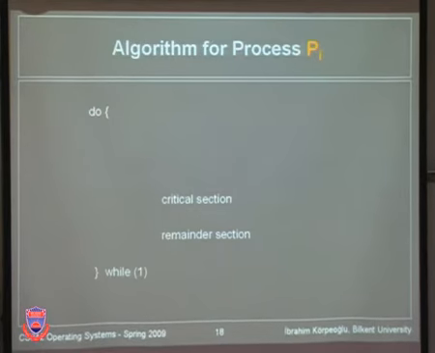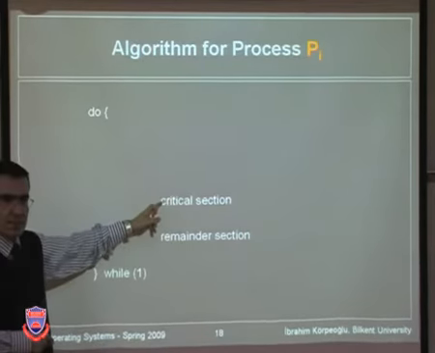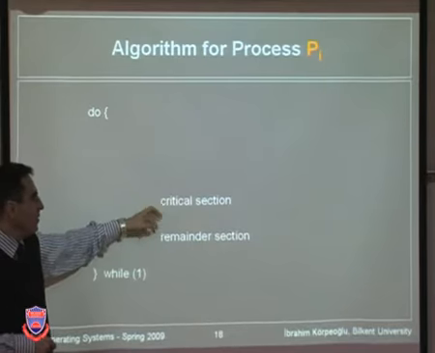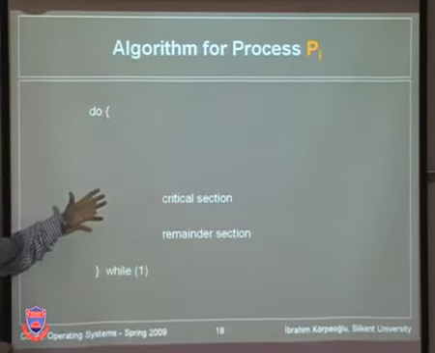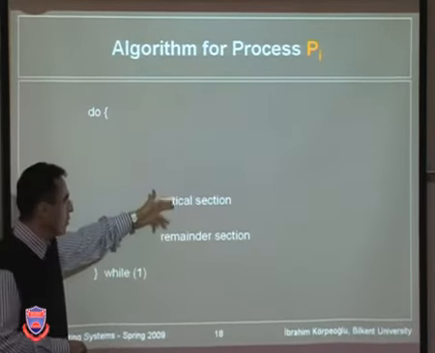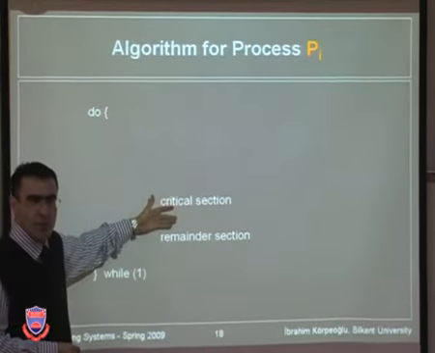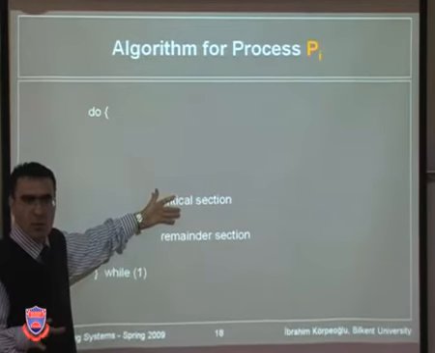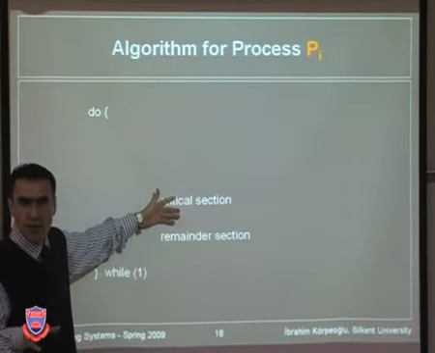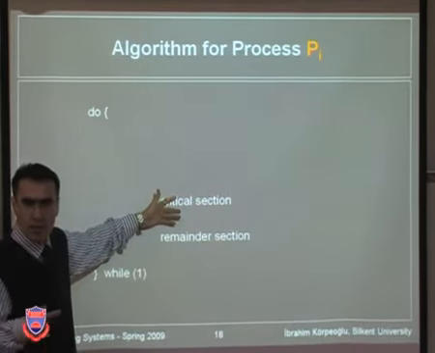So now, there are two processes that would like to access a shared data item in their critical regions, okay? And then the processes can be structured in this manner. From time to time, they execute critical section code. We are just showing critical section here, but it's actually a piece of code that is touching some global variable or shared memory variable, maybe manipulating, updating that.